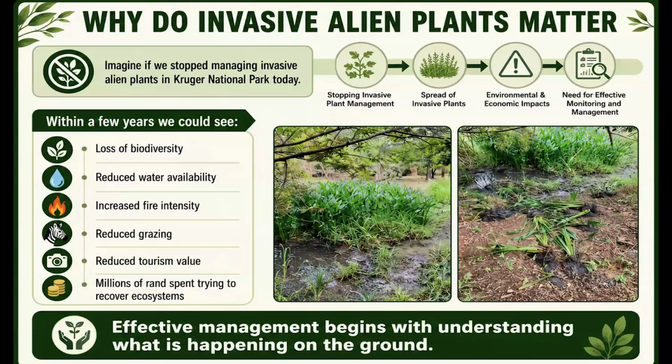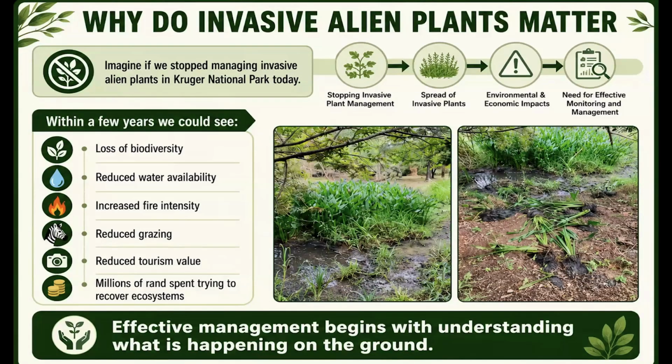So before I get to monitoring and evaluation, I just want to touch briefly on why invasive alien plants are such an important issue in protected areas. Imagine if we stopped managing invasive alien species in the Kruger National Park. What would happen? These plants will spread in the park.